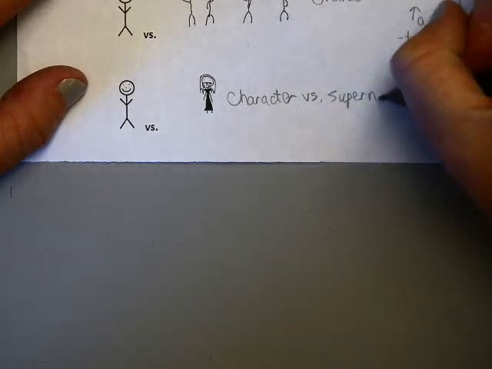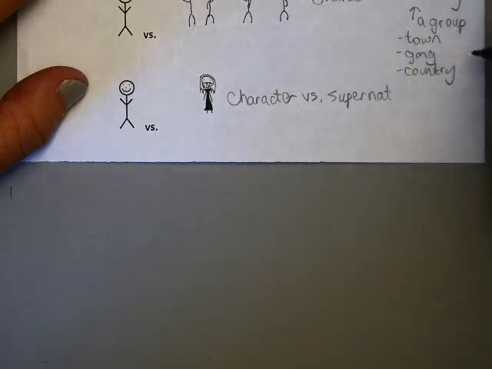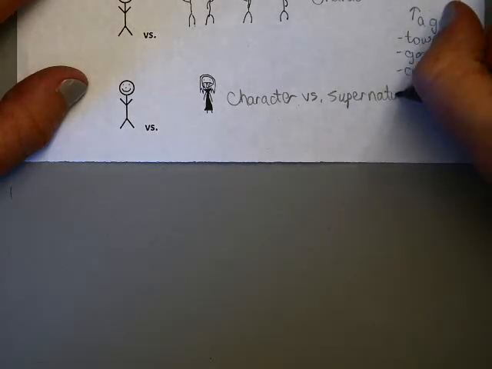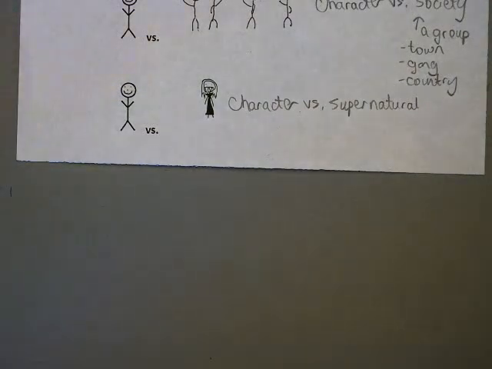Character versus supernatural has become very popular lately because everybody loves a good fantasy story. So we have vampires, werewolves, zombies, oh my gosh, so many different ones I can't even think of. Fairies. They don't have to necessarily be a bad type of character, but it's just something that is not human. It's some type of a creature, really.